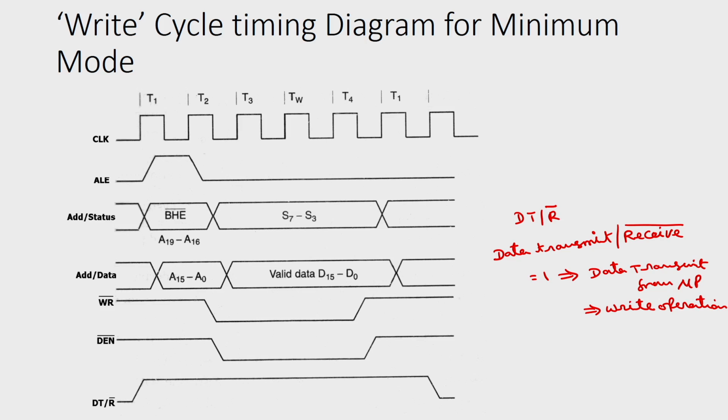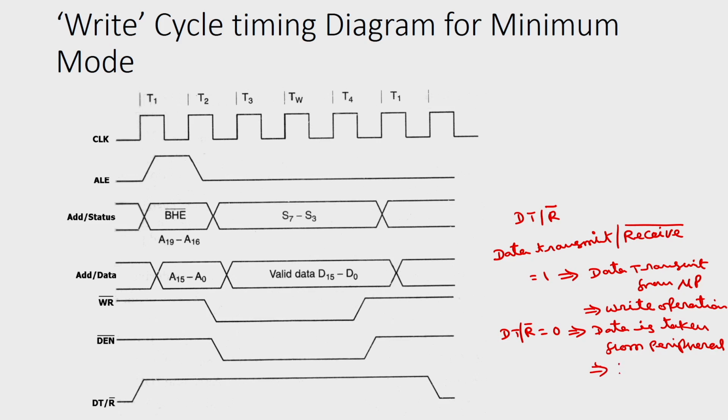So, in case of write operation, this DT by R bar should be high, whereas in case of read operation the microprocessor has to receive. So DT by R bar should be low, which implies data is taken from the peripheral.